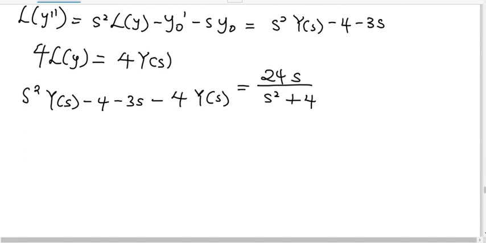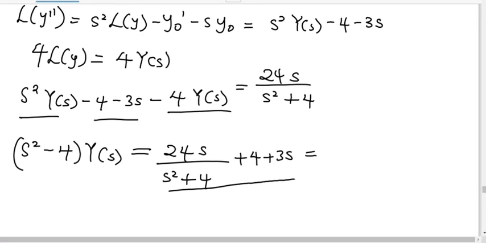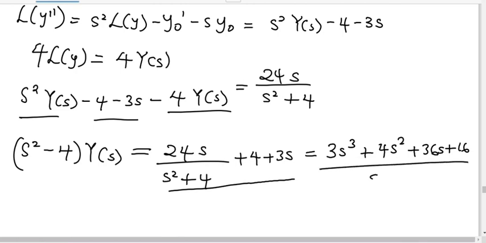Okay, and if you pick like terms to form a characteristic equation, we're going to have s squared minus 4 times Y of s, and if we push this across the equal sign, we'll have 24s over s squared plus 4 plus 4 plus 3s. That gives you 3s cubed plus 4s squared plus 36s plus 16 all over s squared plus 4.